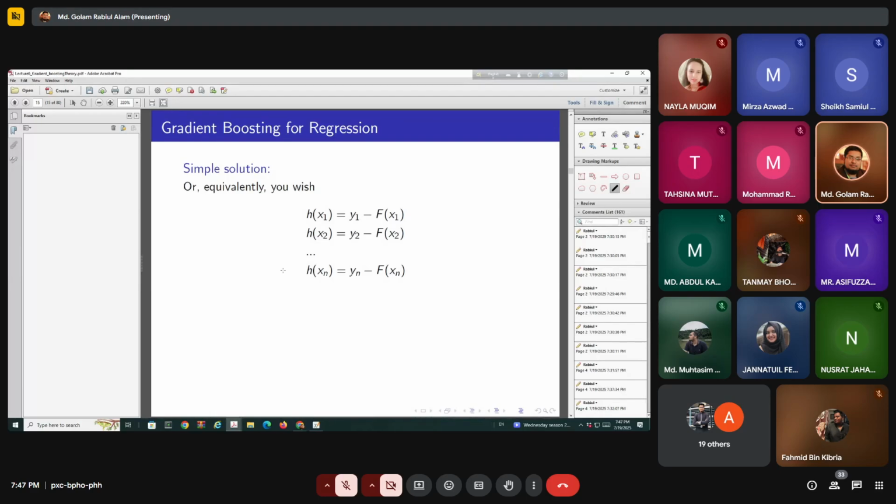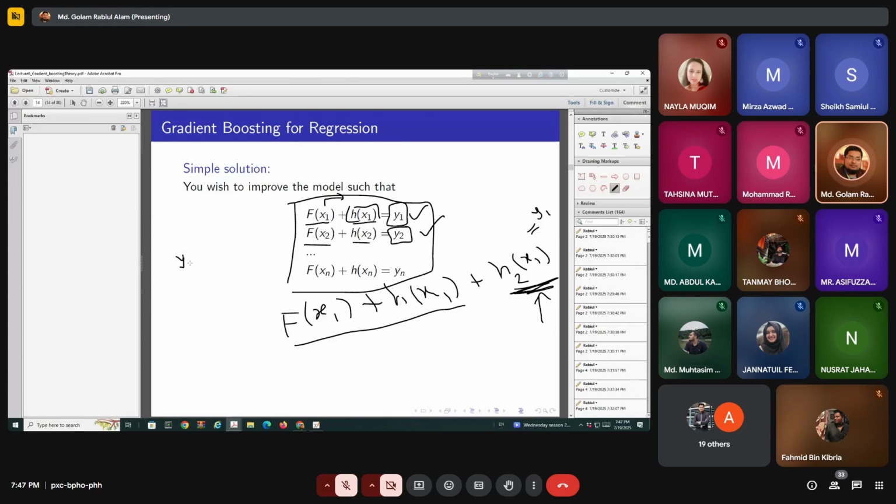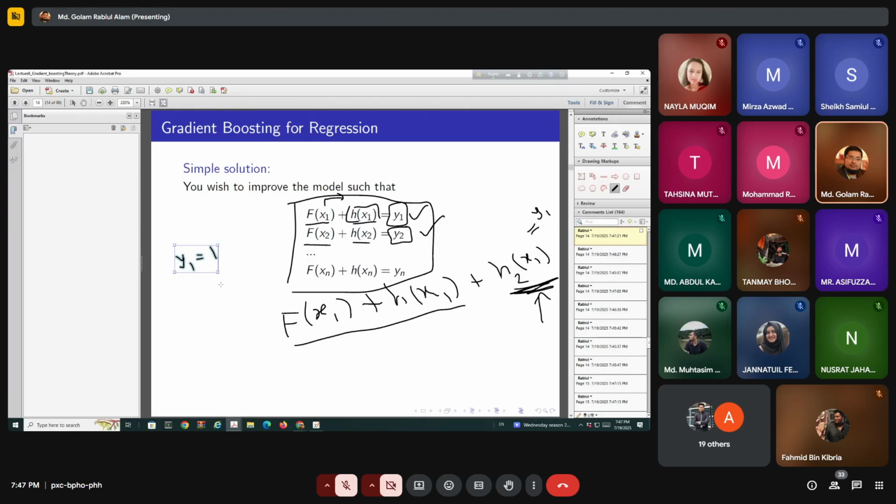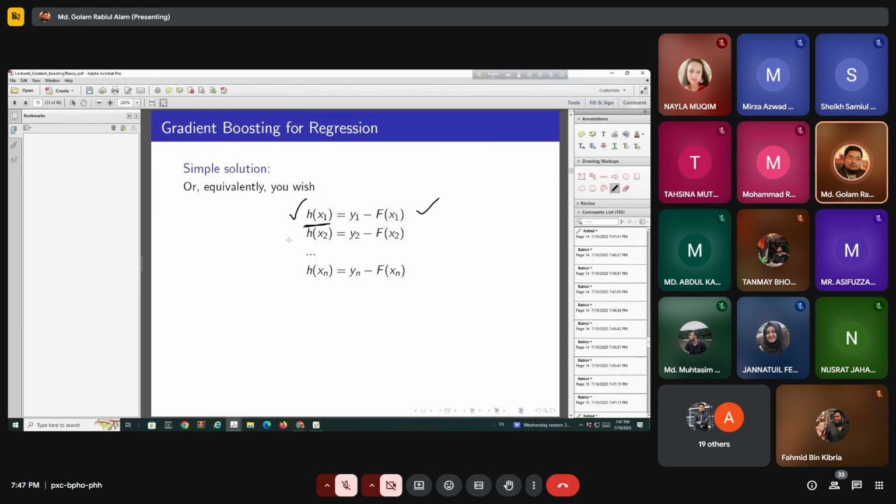From here we can write H of x1 equals y1 minus F of x1. In this way, we can write H of x1, H2 of x2, Hn of xn. So these are our models.